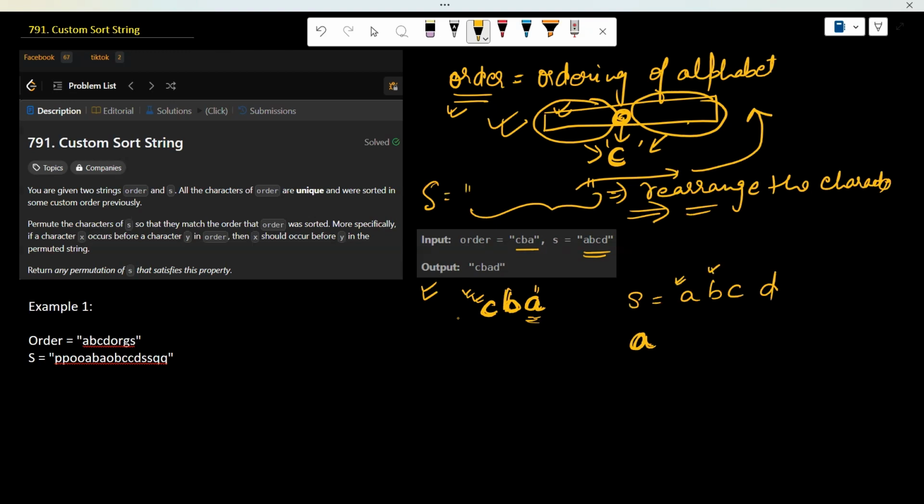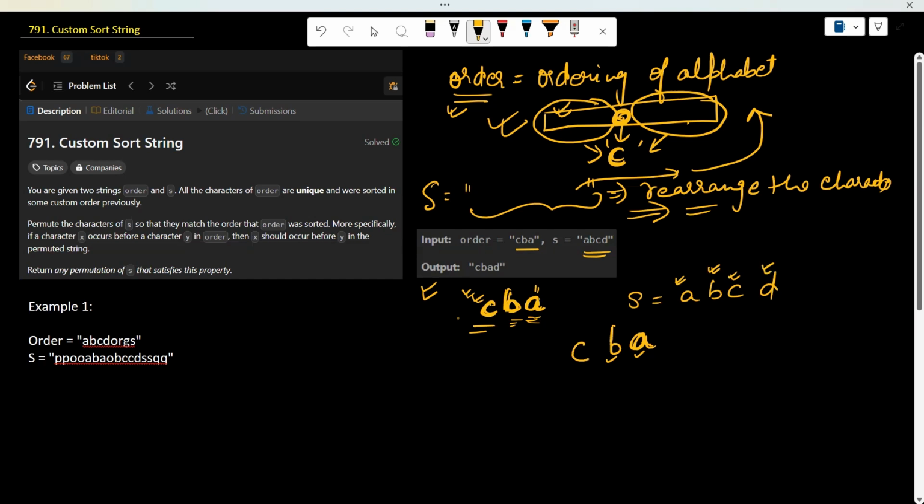Now, if we see the ordering of B, B is saying that it should come before A, so we place B before A. Next character is C, and C says it should come before B as well as A. So we place C before B and before A.